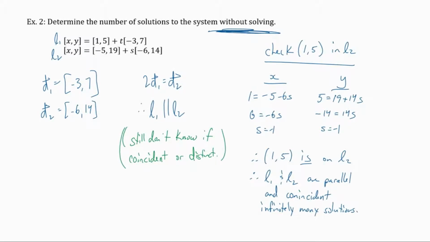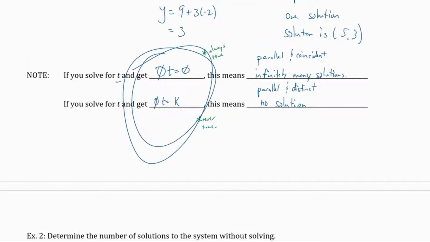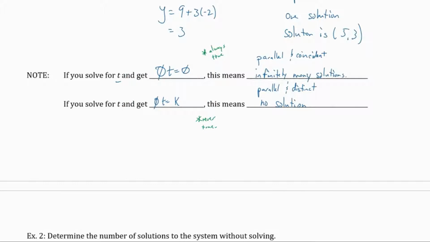And there's a great visualization if you look at these two graphically, or there's just a great understanding of lines and vectors, direction vectors, all that stuff, of the fact that these two direction vectors are collinear, and then checking one point in the other. There's just a lot of deeper understanding in what we've done in example 2 here than just looking at the parametric interpretation kind of thing.